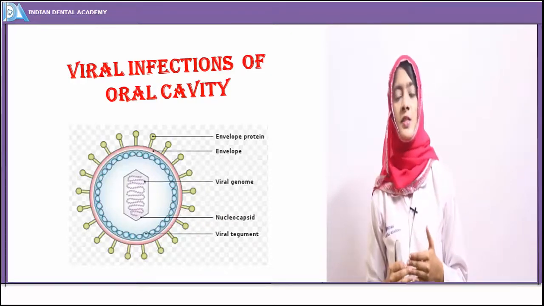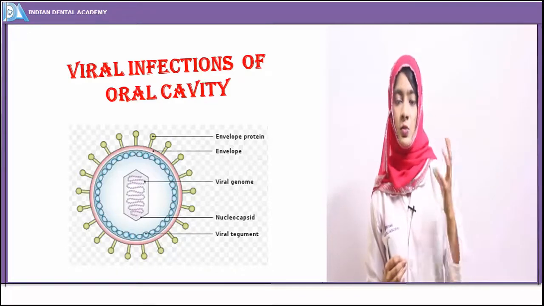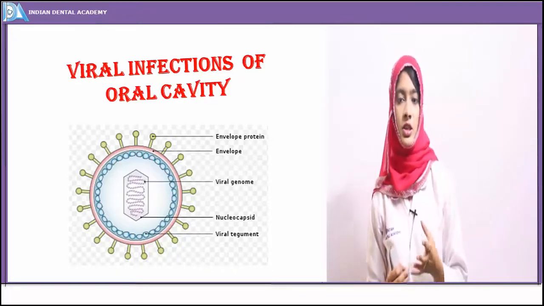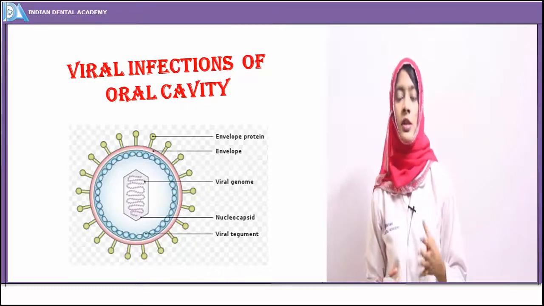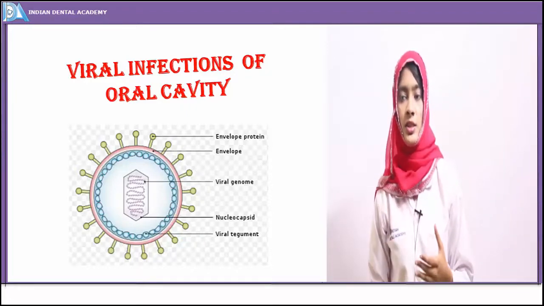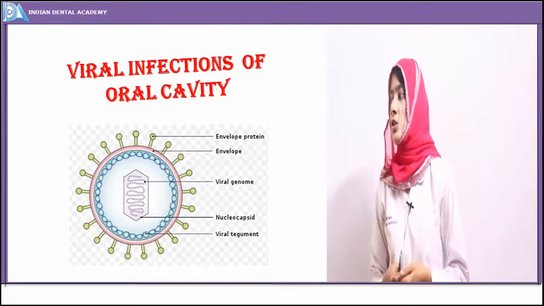Coxsackie virus, herpes virus. Majority of these viruses, once they cause an infection in humans, tend to provide immunity to the individual, so that reinfection does not occur. That is the characteristic of viruses.